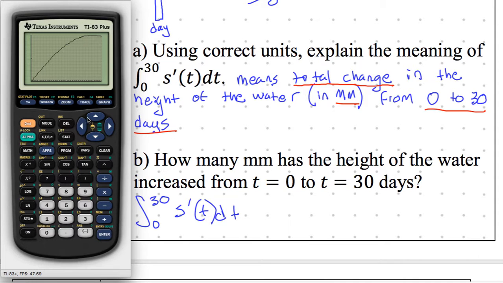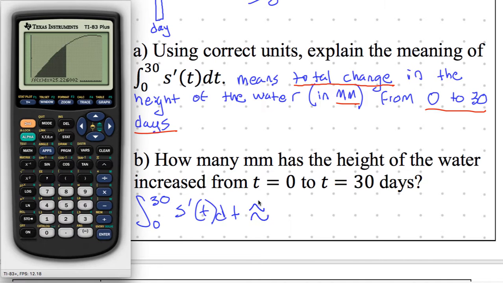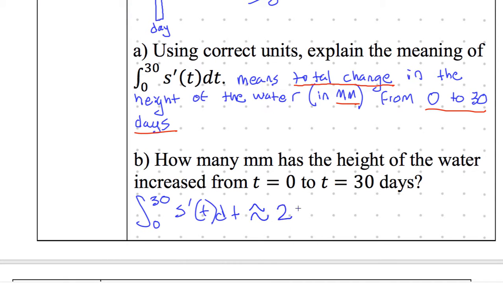What are my next steps? Second calc 7. We're calculating the integral between 0, enter, 30, enter. And we're going to say this is approximately, because we are rounding now, 22.226 or 25.226. I got 25.23.